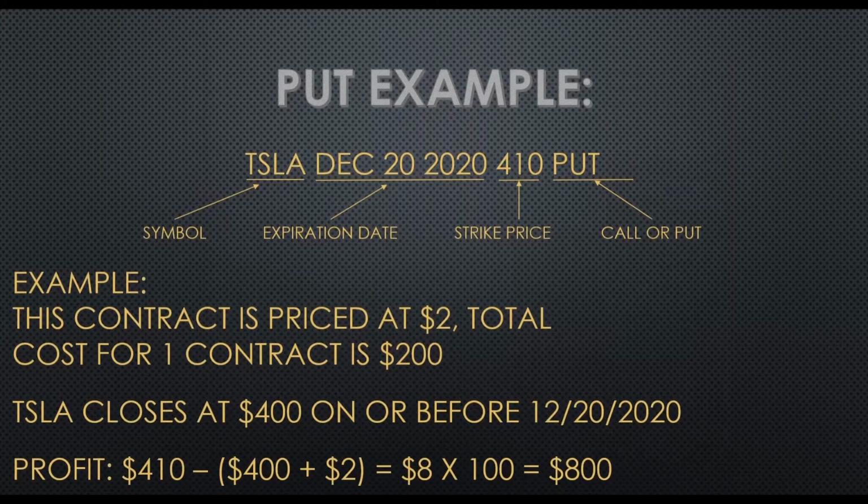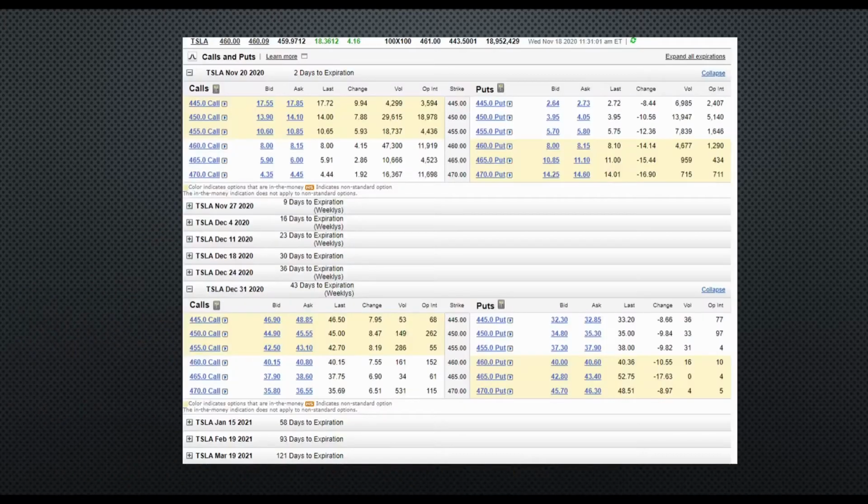So here's a real example from TD Ameritrade of what the option chain looks like. You'll see here, this is the symbol and expiration date, Tesla, November 20th, 2020. On the left hand side is the call option, and on the right hand side is the put option. And these are your strike prices.